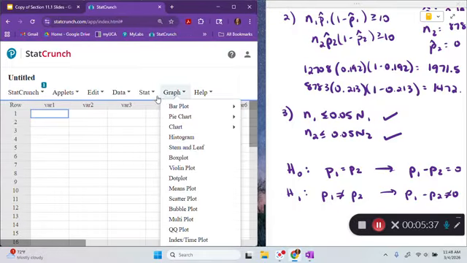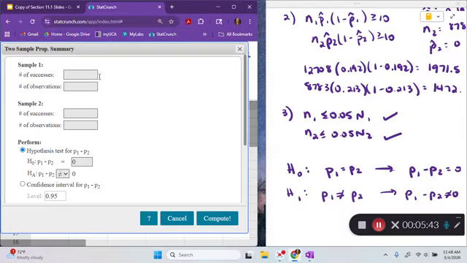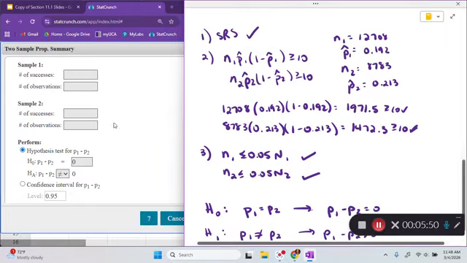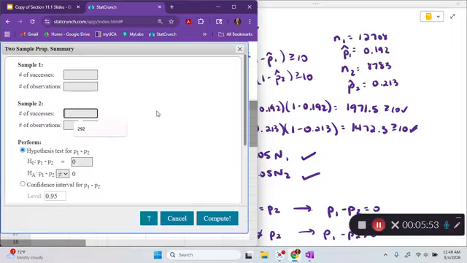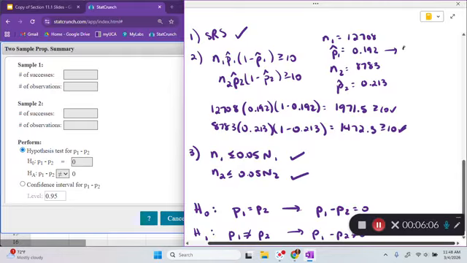We do not have data, so we're going to go to Stat, Proportion Stats, Two Sample, With Summary. This is a little bit tricky here because I don't have the number of successes. It automatically gave me p hat. So we kind of have to work backwards a little bit. P hat, 0.192, is equal to X divided by N, and we do know our N, N1. So 0.192 is equal to X over 12708.